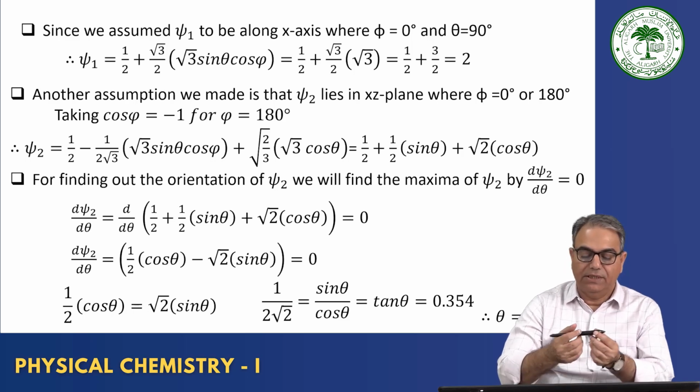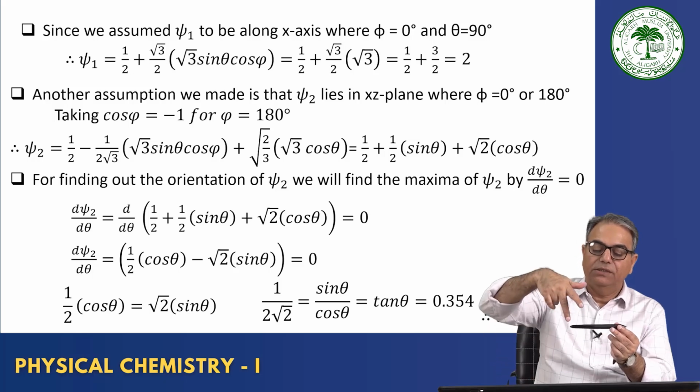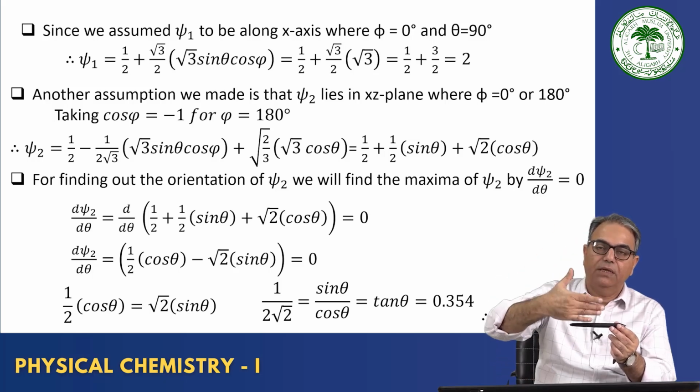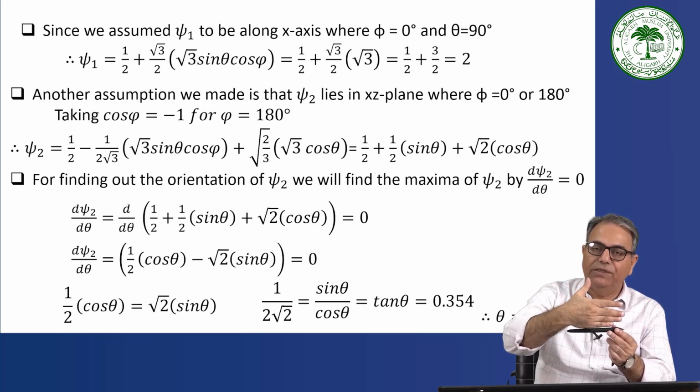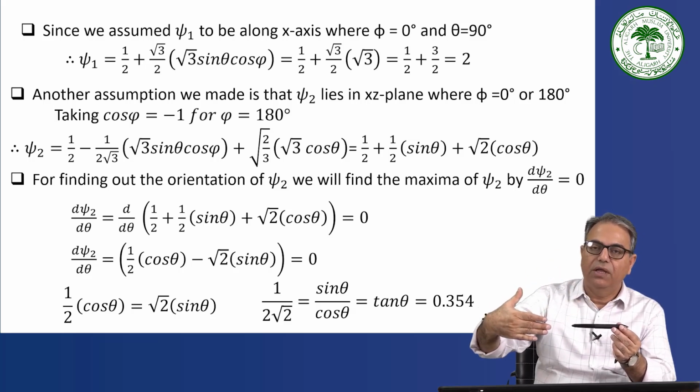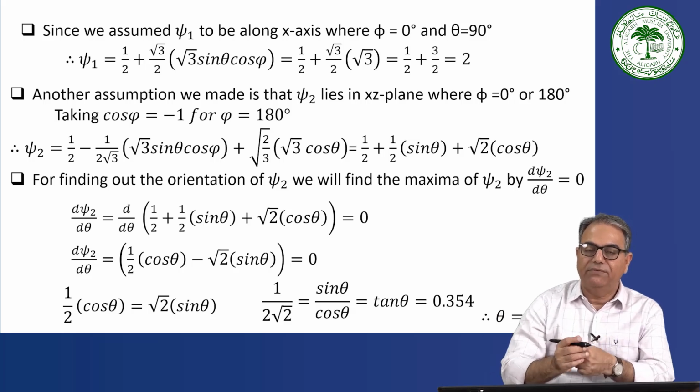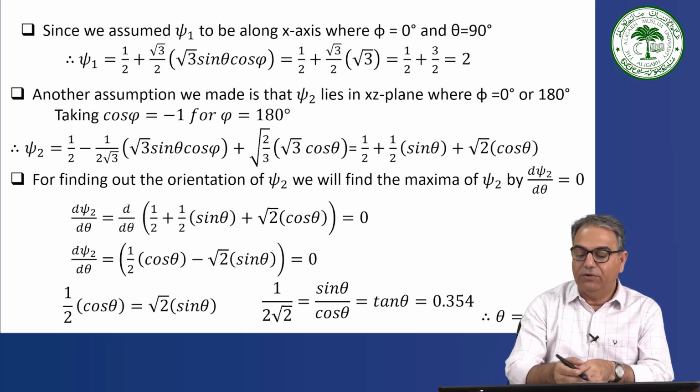If I say xz plane, then this is your xz plane. Along the x-axis you have either 0 or 180 degree phi angle. So I have taken phi equal to 180, and if you do these calculations, what do you find?